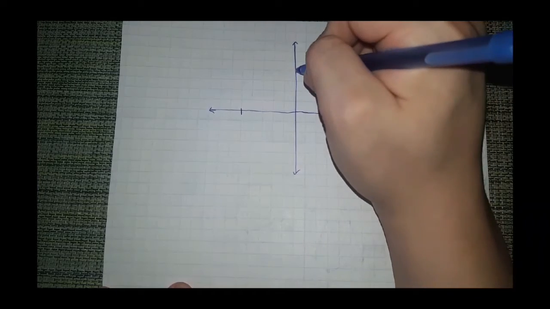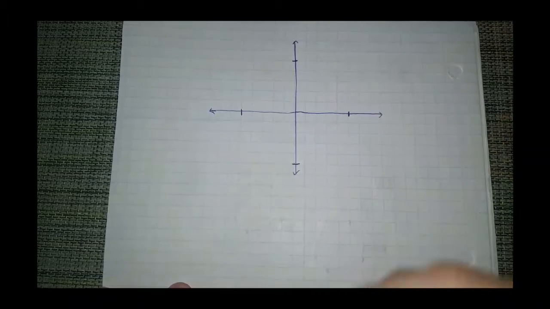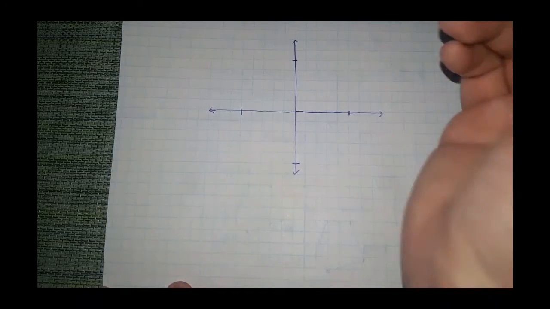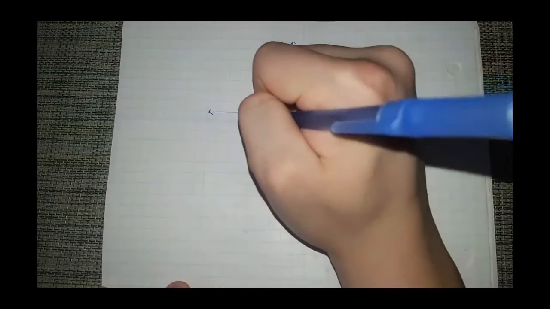I like to give 5 or 10 a little tick so that we know where the object is.